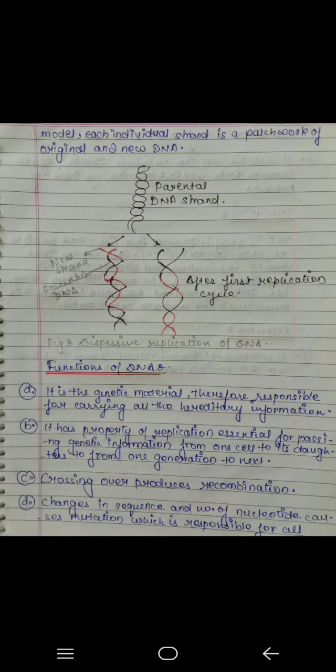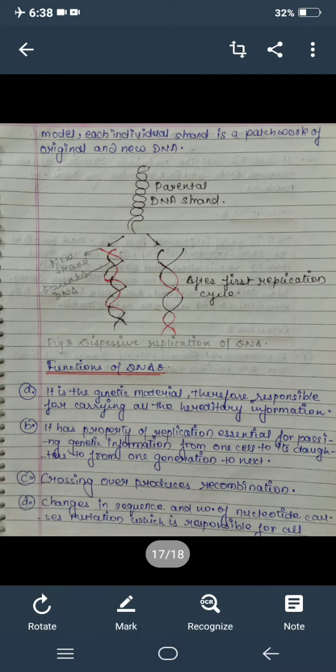Change in sequence and number of nucleotides is mutation, which is responsible for variation and formation of new species. It controls all the metabolic reactions of the cell through RNAs and RNA-directed synthesis of protein.